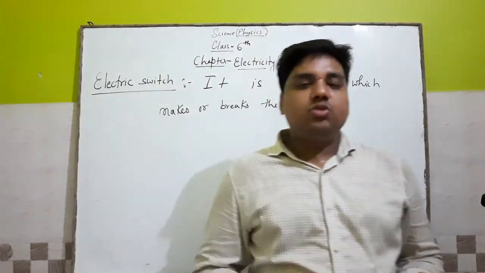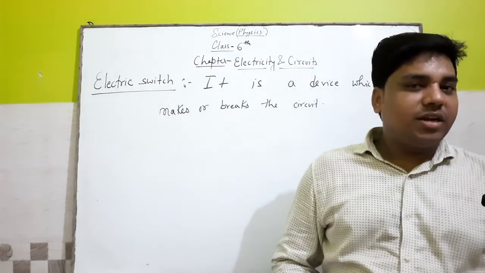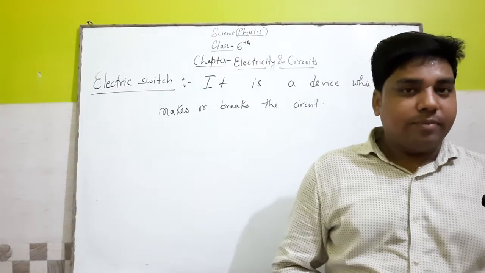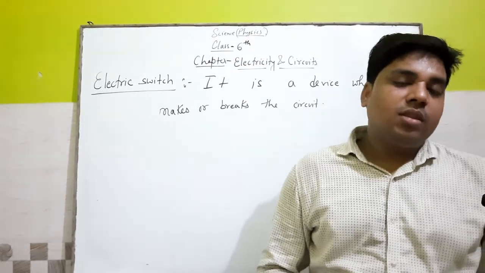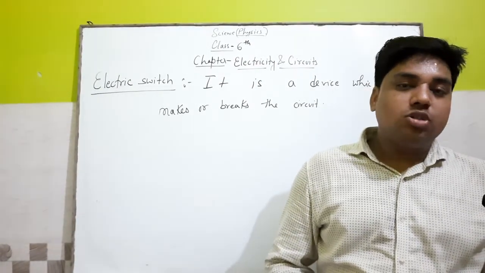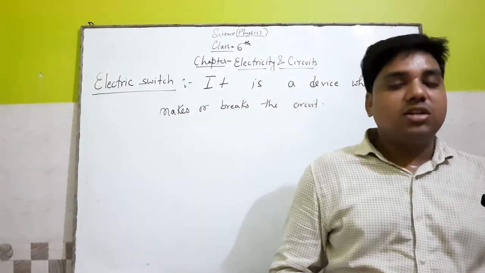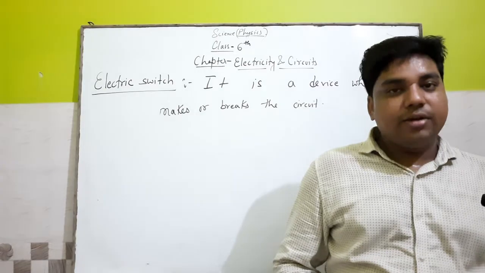Clear? If the switch is on, means the circuit is closed. In that condition current is flowing and the bulb or any equipment starts glowing or working. Clear?